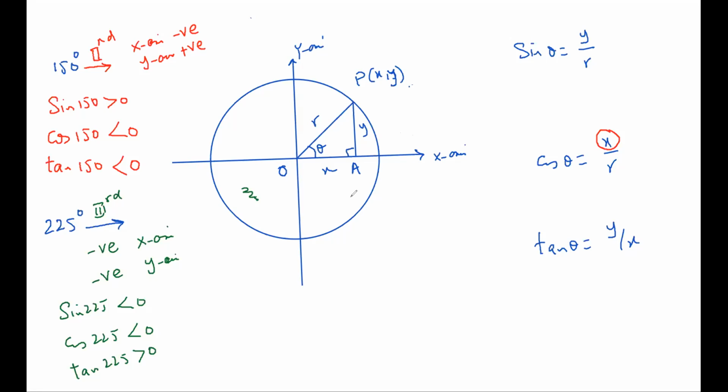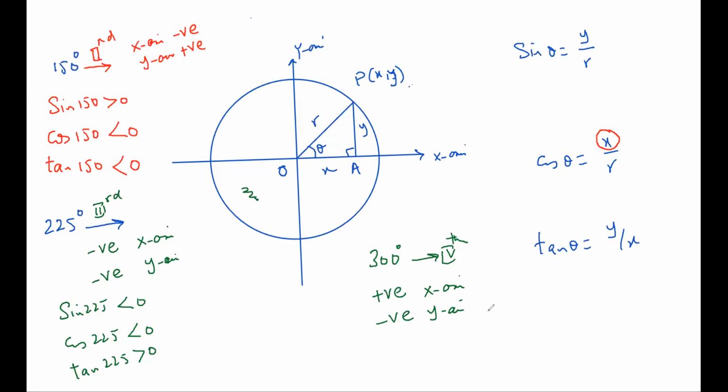Now, similarly, if I take an angle in this fourth quadrant, let me take 300 degrees. Suppose you have this 300 degrees over here, which takes you to the fourth quadrant. In this fourth quadrant, you have the positive x-axis and the negative y-axis.